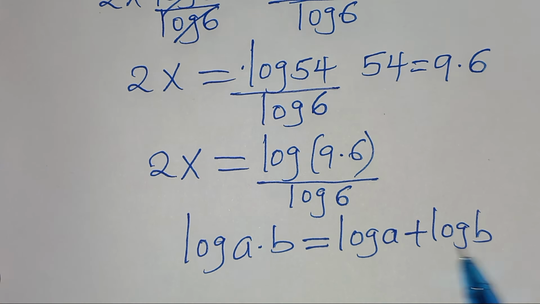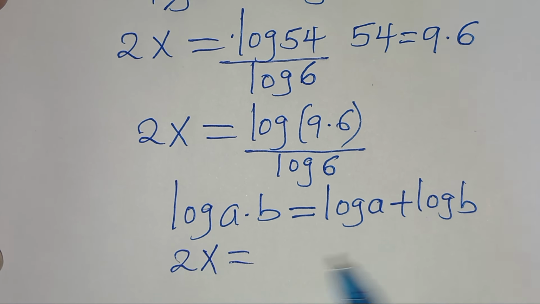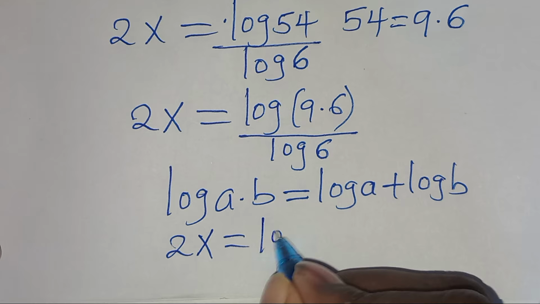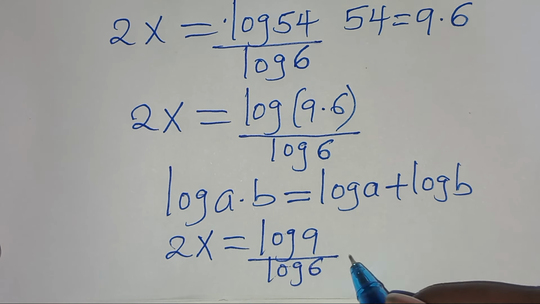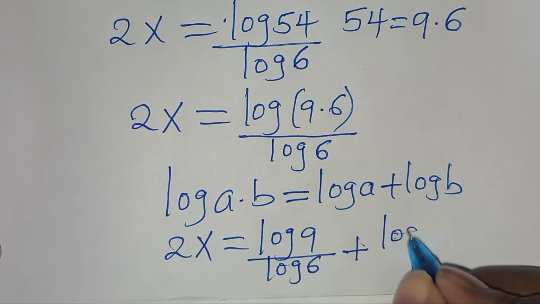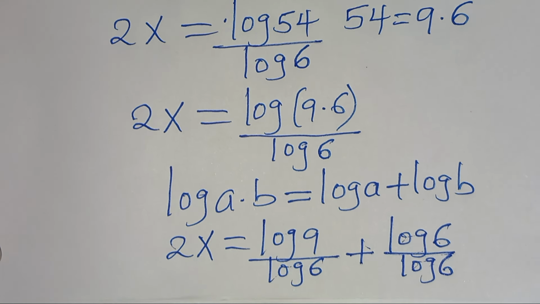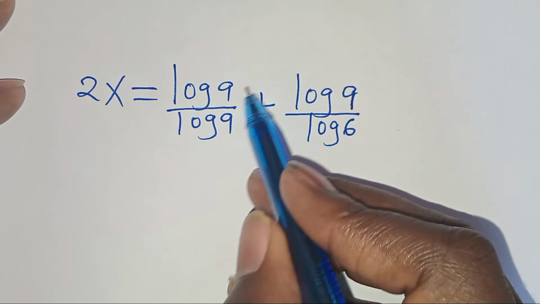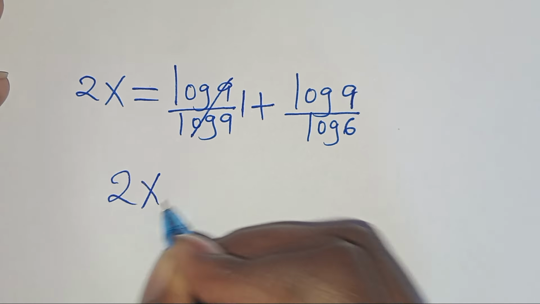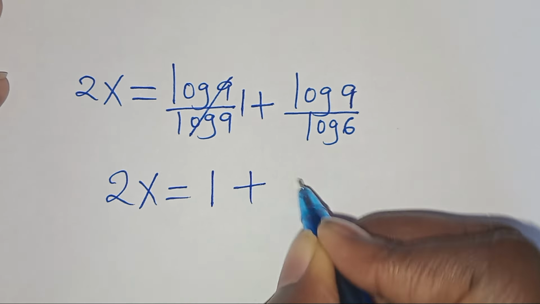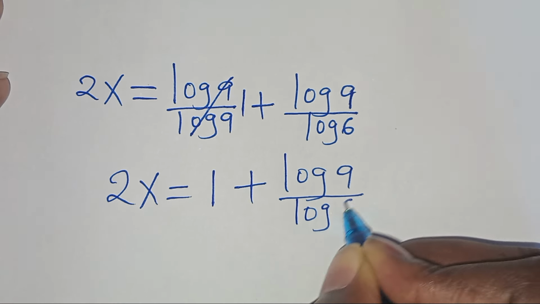Applying this logarithm property, this implies that we have 2x equal to log 9 divided by log 6, plus log 6 divided by log 6. Now we have log 6 divided by log 6, this simplifies, so this is 1. So that now we have 2x equal to 1 plus log 9 divided by log 6.